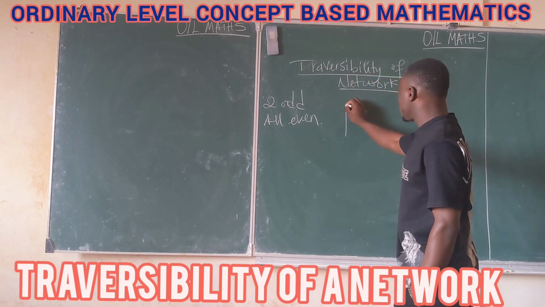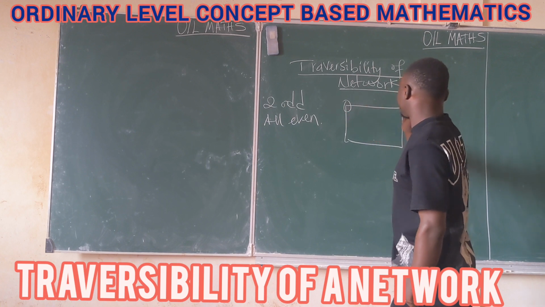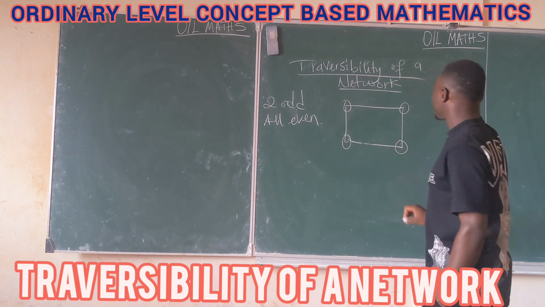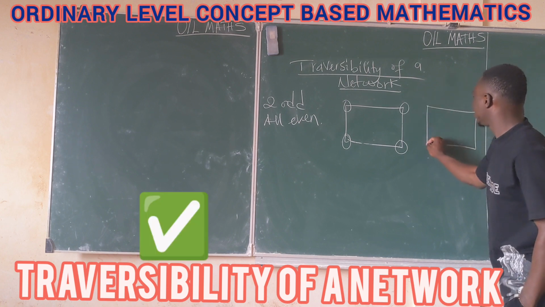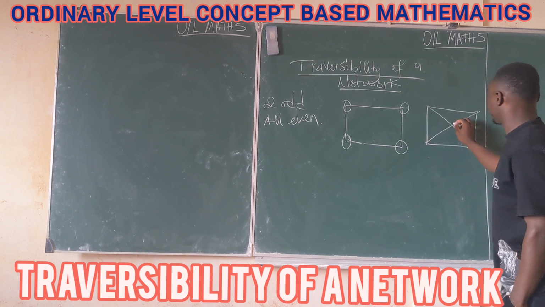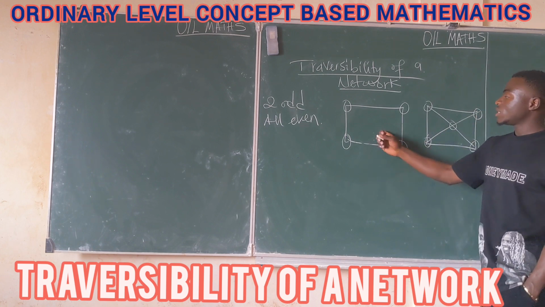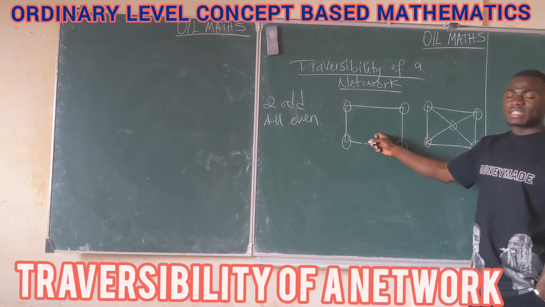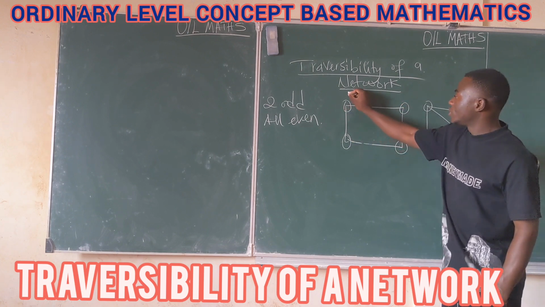So what do we mean? Let's consider these 2 networks below. This is network A, and this is network B. Now, if you observe this network, you see that this network is traversable because all the nodes are even.